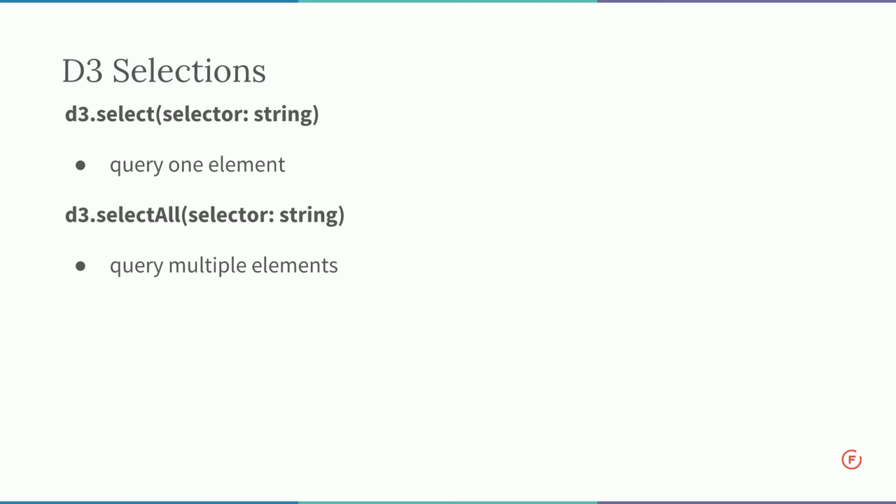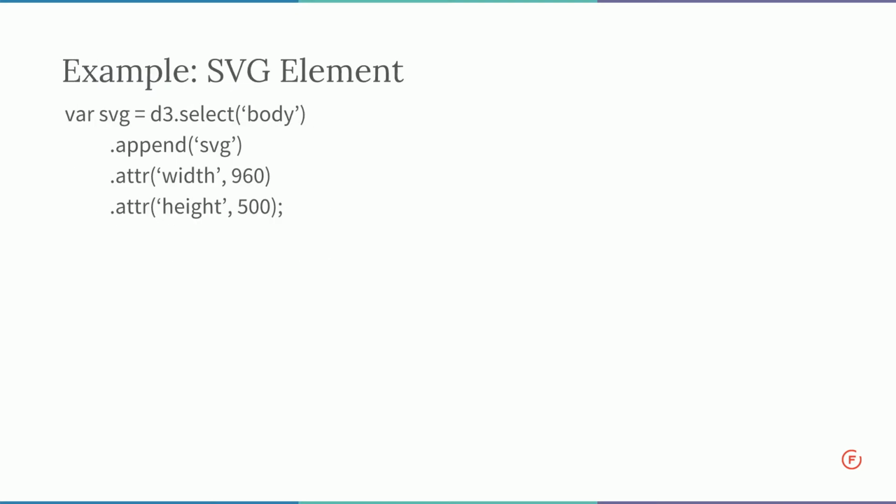Even I could probably get in trouble for that, but basically you have your select, which selects one element. You have your select all, which can select multiple elements. An example of that is you would have var svg equals d3.selectBody.